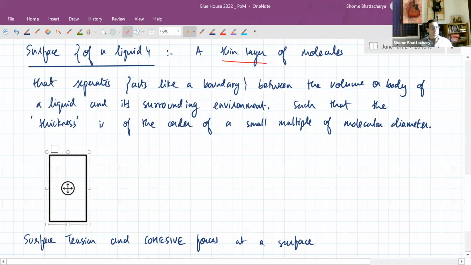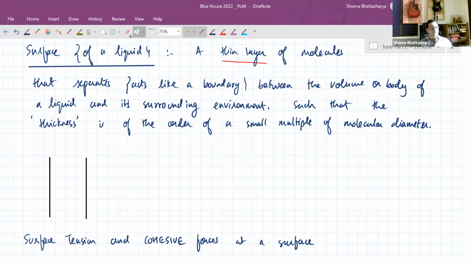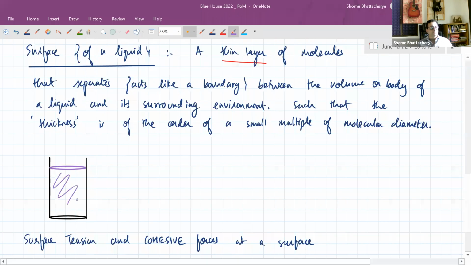So imagine this open cylindrical vessel, like a glass vessel, and you have a typical liquid like water or soap solution in it. You can visualize a thin disk, like a thin membrane of liquid molecules at the surface, which separates the volume of the liquid from the air outside.